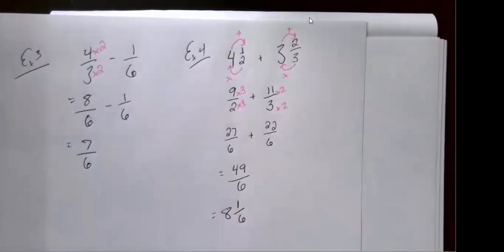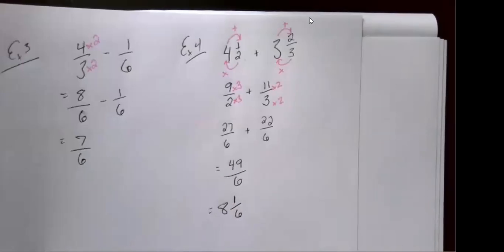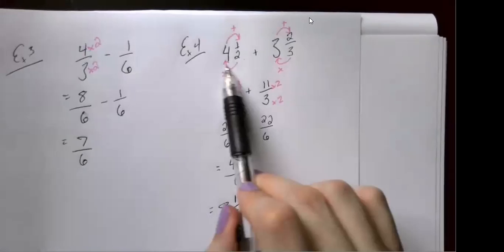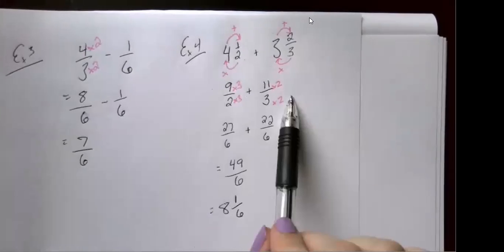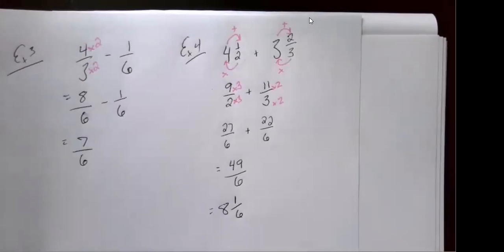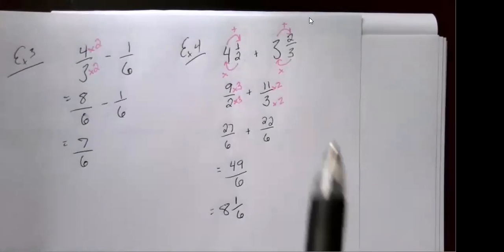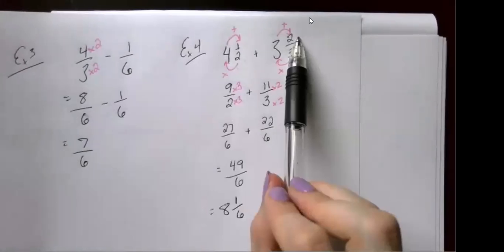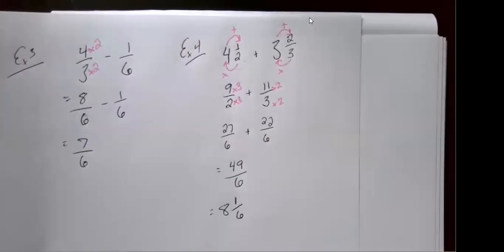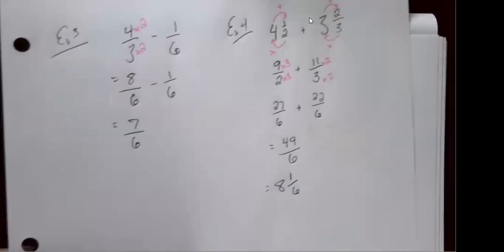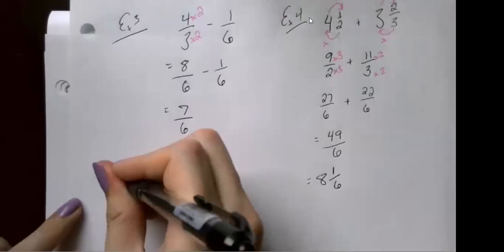Now the other option, which I'll show you, is to do the same problem, but not convert it into a fraction. Instead, we can keep them as mixed numbers, just add the whole numbers and then add the fractions and then simplify. So for example 5, I'll go through how to do that.